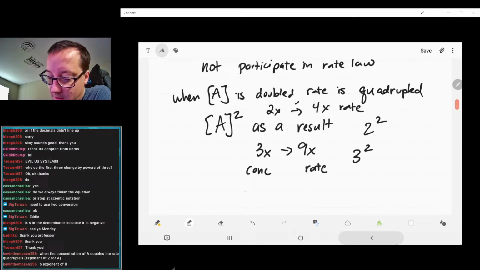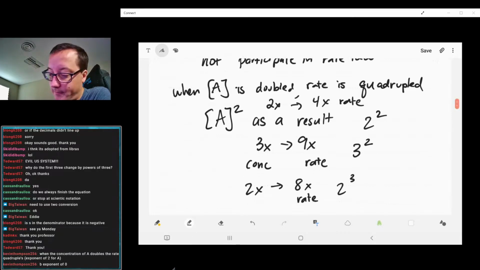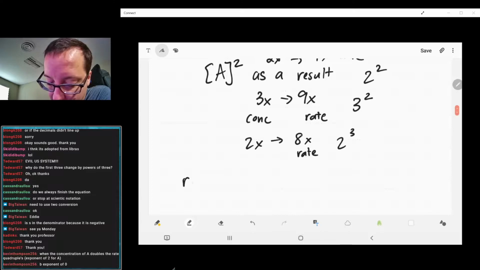If we had a twice doubling of the concentration leading to 8 times the rate, that would be 2 cubed, right? So you're just looking at these and analyzing what's the effect of doubling your concentration, of tripling your concentration, whatever you might be doing, to figure out what the exponents are going to be for your rate law. And so Kevin is absolutely right.